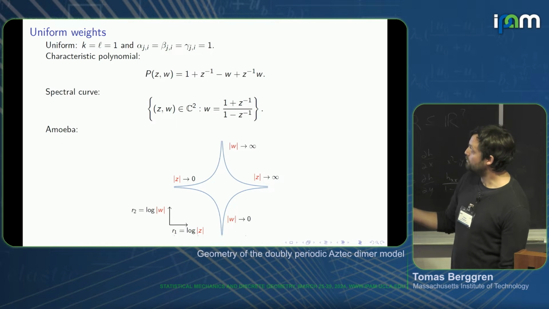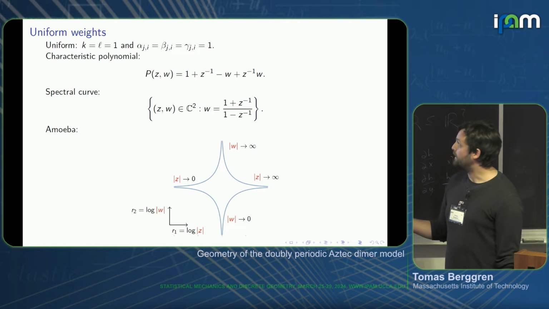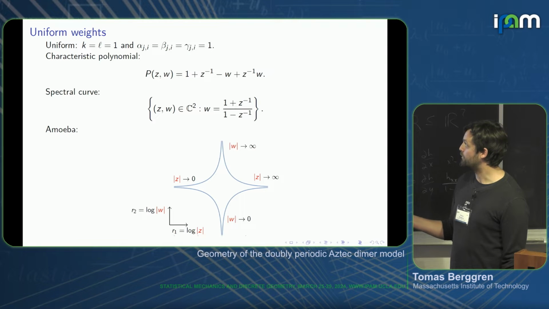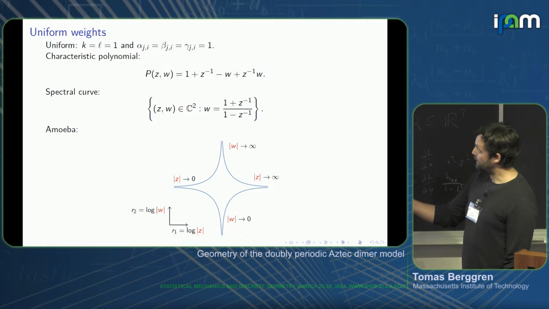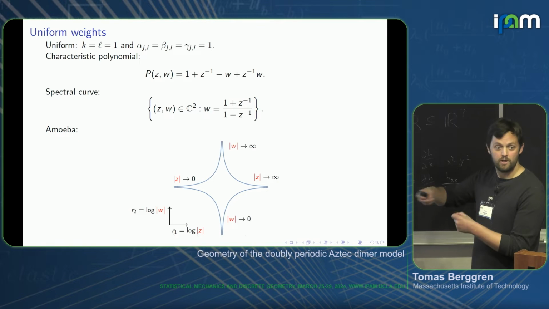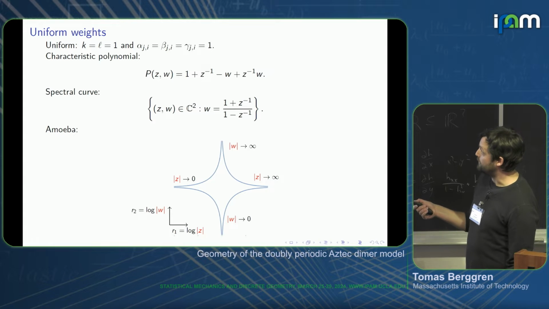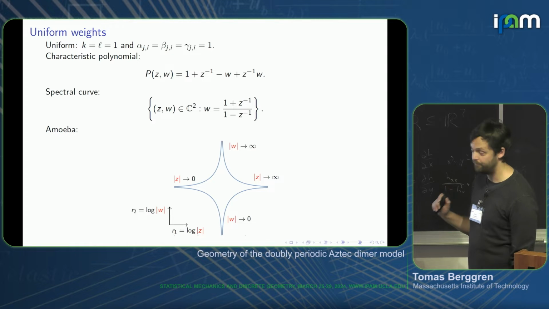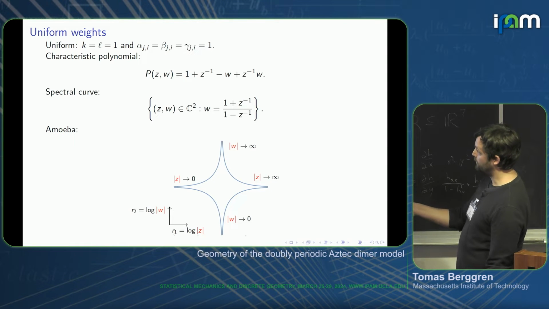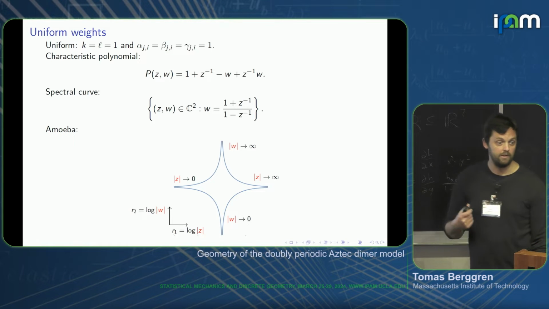So let us start with a uniform case, where k and L are equal to 1 and all the edge weights are 1. Okay, so what happens then? Well, if you do this construction, you get your characteristic polynomial, and it has this form. You see it's a degree 1 polynomial in Z inverse, and a degree 1 polynomial in W. The spectral curve is simply the subset in C2 fulfilling this relation between W and Z inverse.